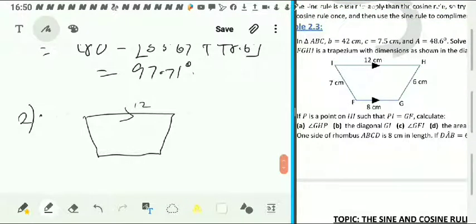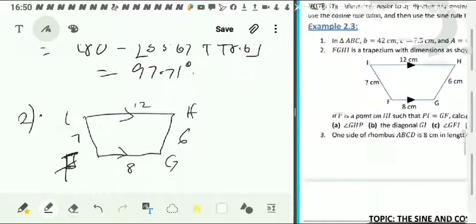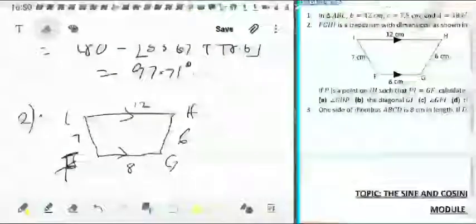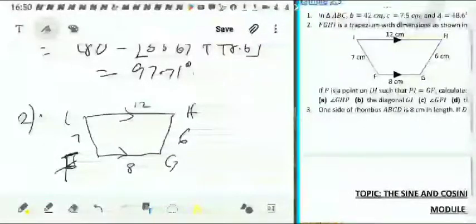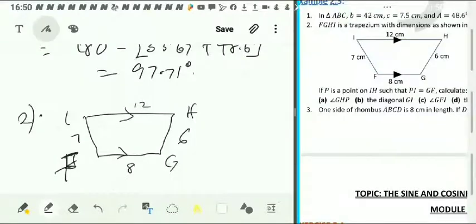Okay, we have 12, I, H, G, F, 7, 6, 8. P is a point on IH. I would have loved to be drawing and explaining this at the same time.